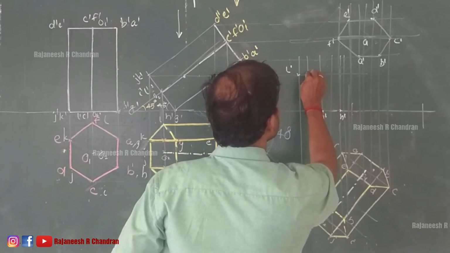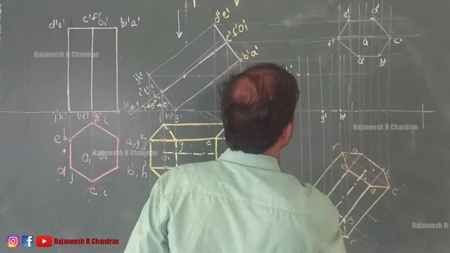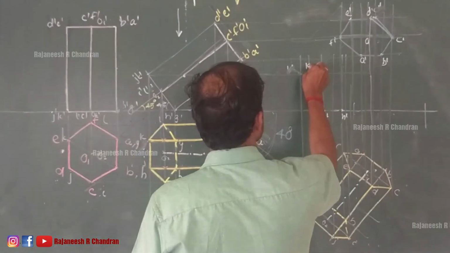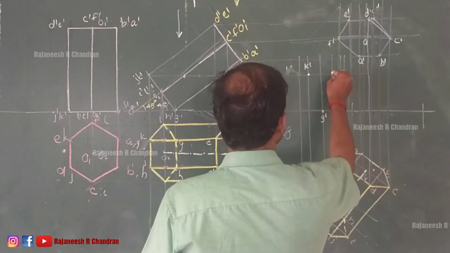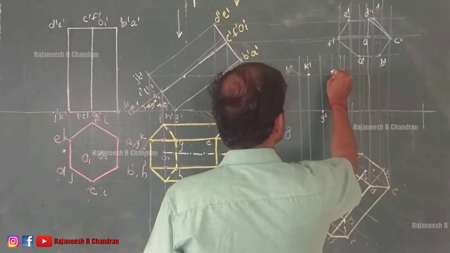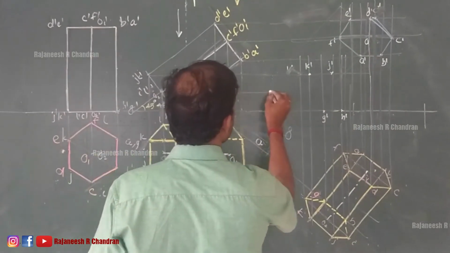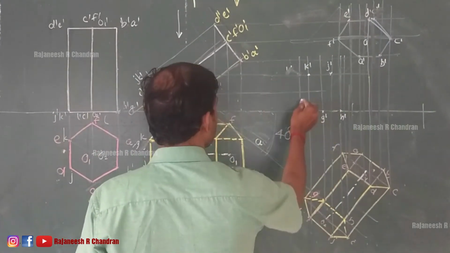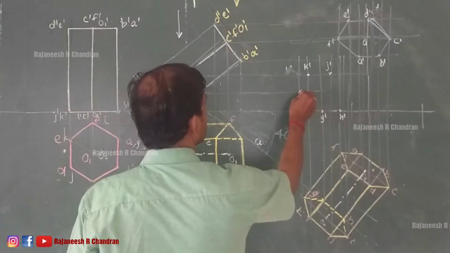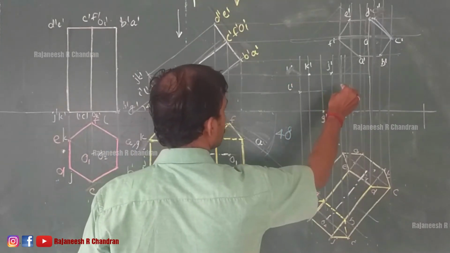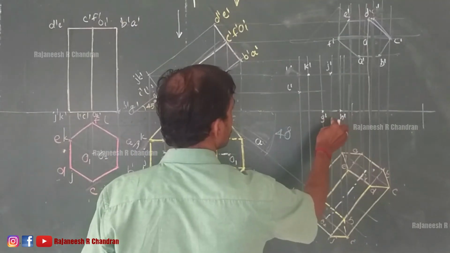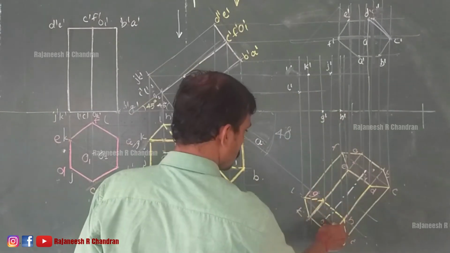K dash. Then this will be our J dash. L dash, G, H, I.